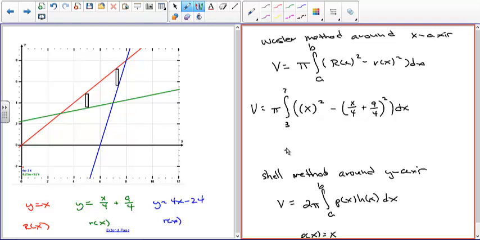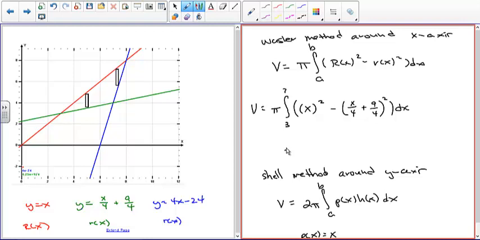So you see which curve corresponds to that part. Well, that's the red, that's this curve. So R of x, that's why I put capital R of x as being this curve. Now, the inside of the washer is running up against this curve. So that's your inside radius, because that's the smallest distance from the x-axis to this curve.